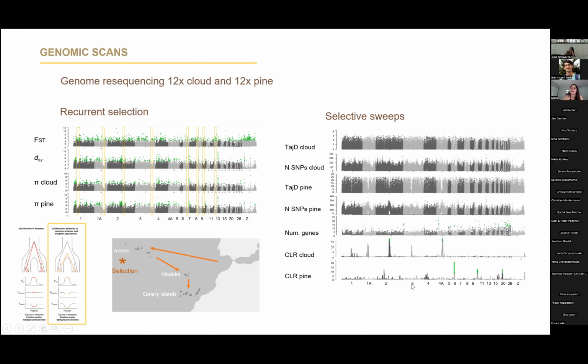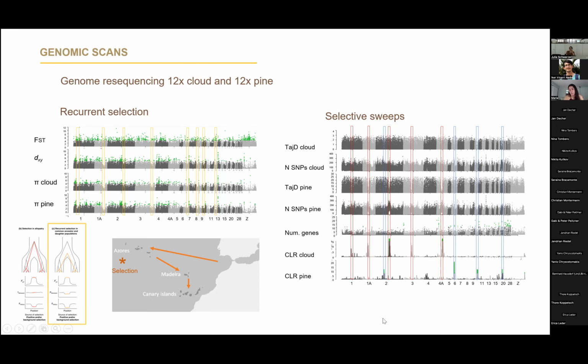These peaks are the selective sweeps, and as you can see, the selective sweeps in the cloud forest population are coincident with drops in Tajima's D and high SNP density regions in the pine forest population. And the selective sweeps identified in the pine forest population show exactly the same pattern, drops in Tajima's D and high SNP density regions in the cloud forest population.